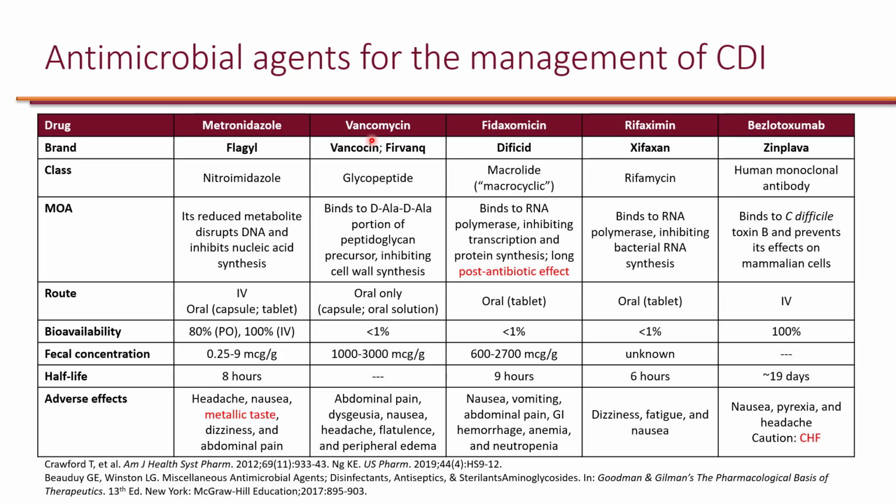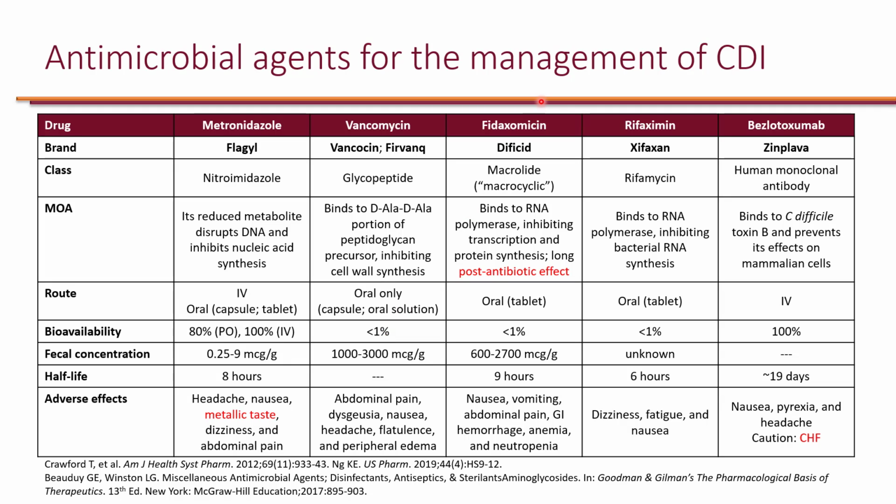But regardless, for treatment of C. diff infection, vancomycin must be administered orally. So IV vancomycin as an injectable is not an option. And this is really important because less than 1% of vancomycin is absorbed, so it actually stays at the site of infection.